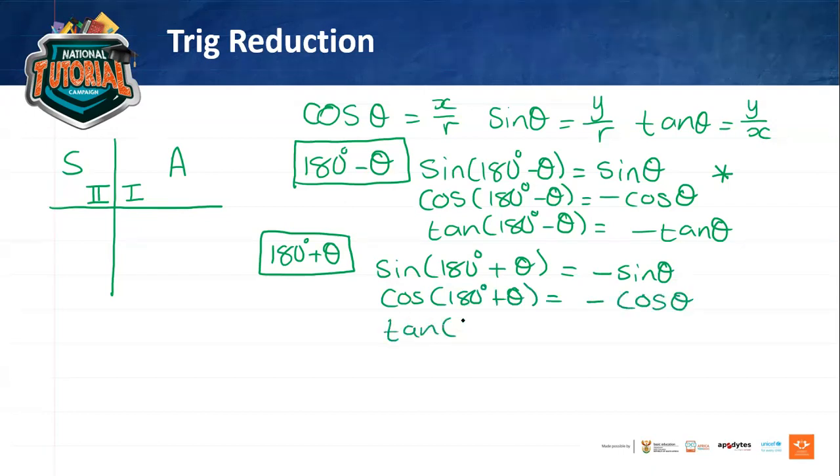And tan of 180 degrees plus theta gives me a positive tan of theta. So from here, we can see in quadrant 3, the only positive ratio is tan. So if we're dealing with quadrant 3, I'm going to write a T for tan.